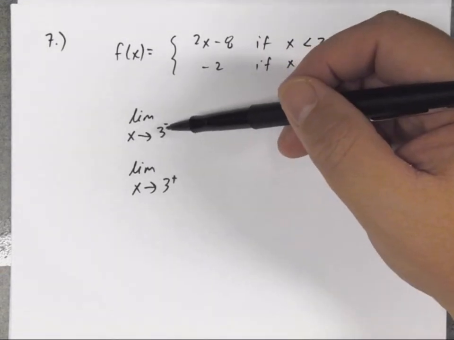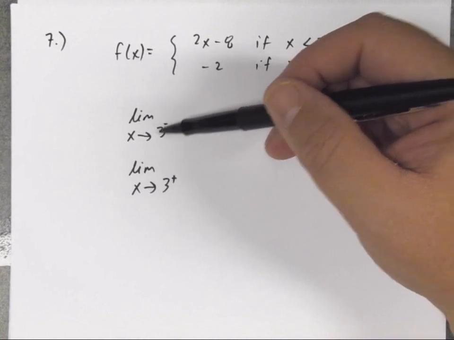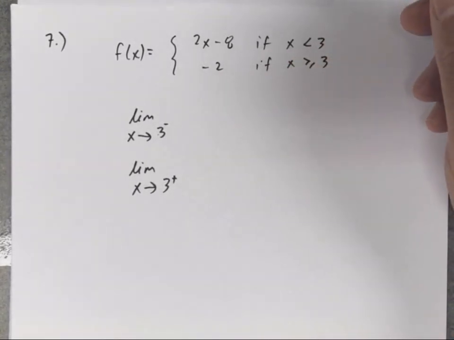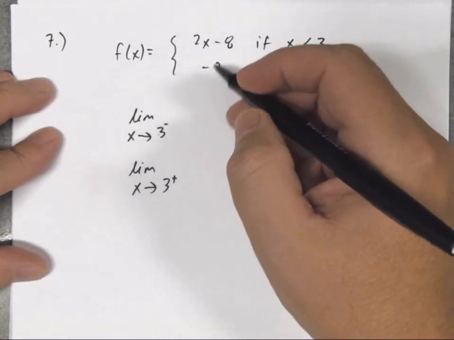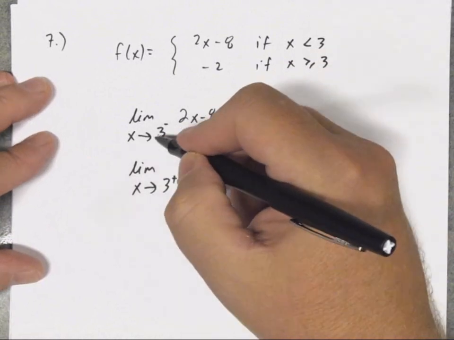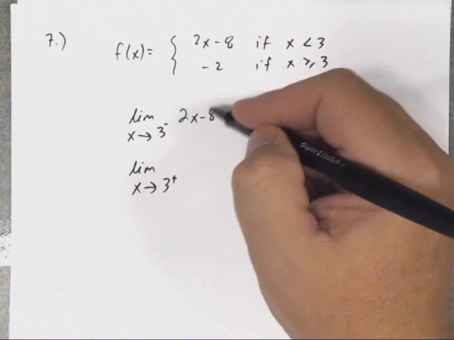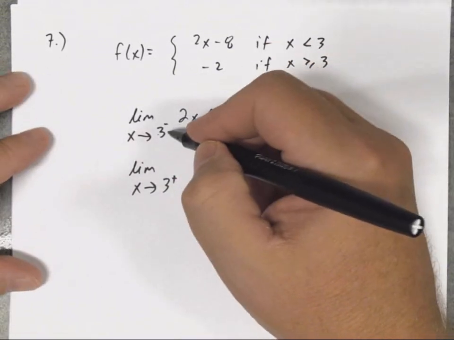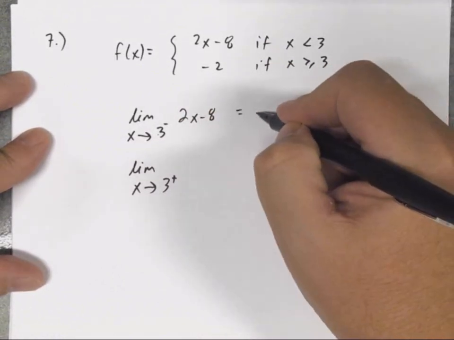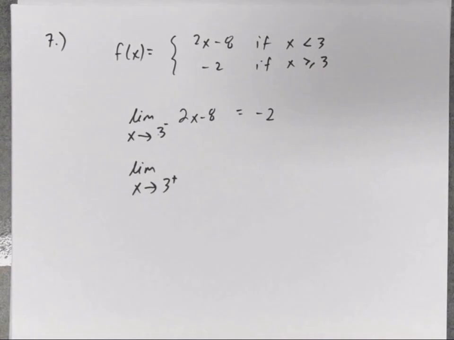Since I'm approaching 3 from the low side, my value of x is always going to be less than 3, so I have to use this first equation. So I take the limit as x approaches 3 from the low side of 2x minus 8. You plug in 3 for x, you get negative 2. So when you approach 3 from the low side, you get negative 2.